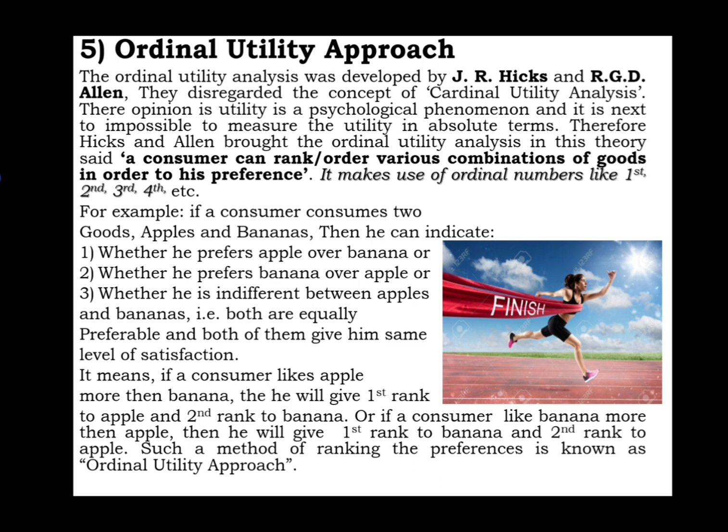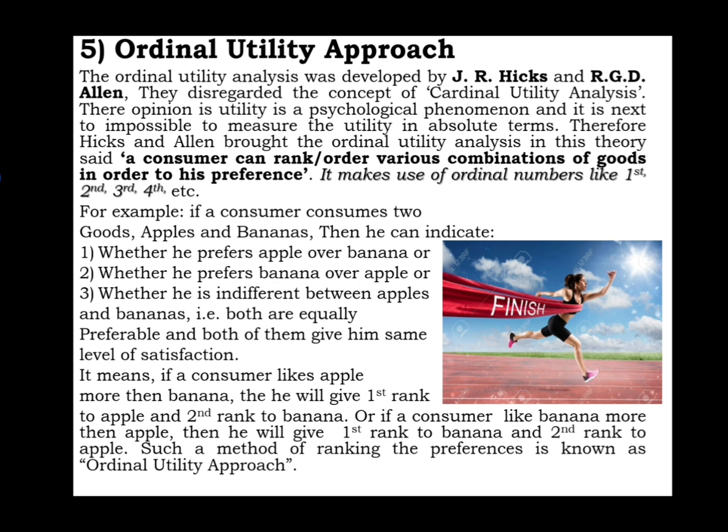So he will give first rank to apple, thereafter banana. In the second statement, if a consumer likes banana more than apple, then he will give first rank to banana and second rank to apple. In the third statement, if the consumer likes both goods equally, he can give first rank to both goods.